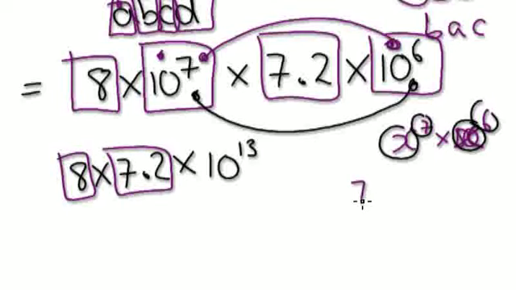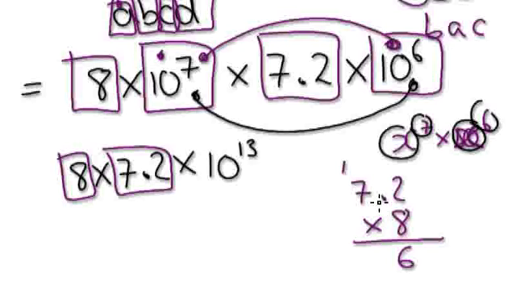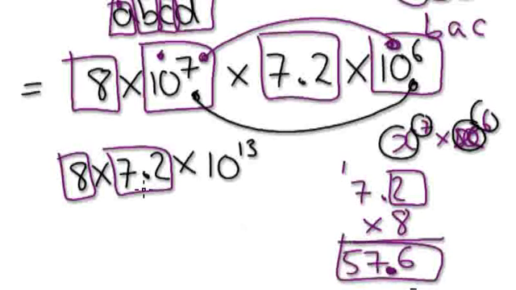Now it's just a matter of merging this with this. So 7.2 times 8. Just do it as normal and leave the decimal to the end. 8 times 2 is 16, carry the 1. 56, 57. We've got one decimal place here, so we've got to move the decimal here. Do whichever way you want. 7.2 times 8 is 57.6.